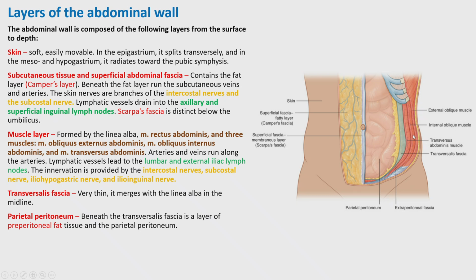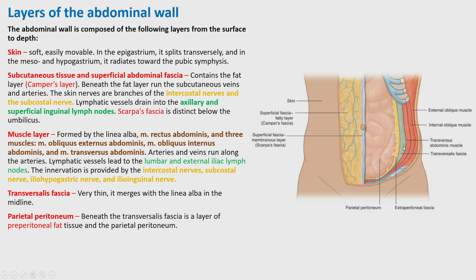They are the deep vessels, and the lymphatic vessels in these deep layers are going to the lumbar and external lymph nodes. Here was the superficial and axillary lymph nodes for the upper part and lower part. And innervation again is intercostal, subcostal, iliohypogastric, and ilioinguinal nerves that come from the lumbar plexus.